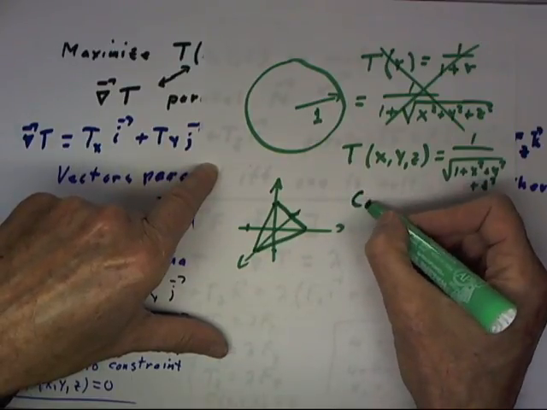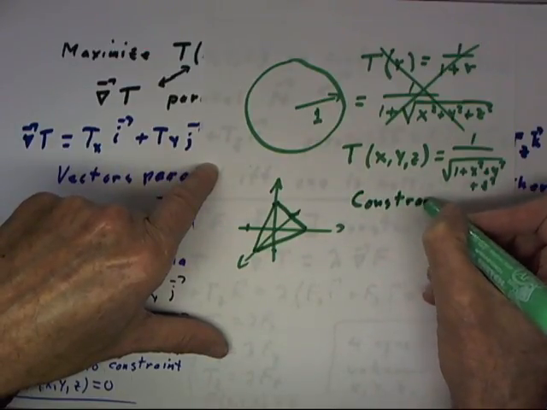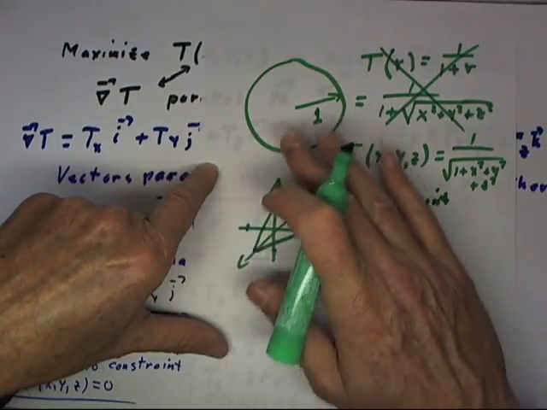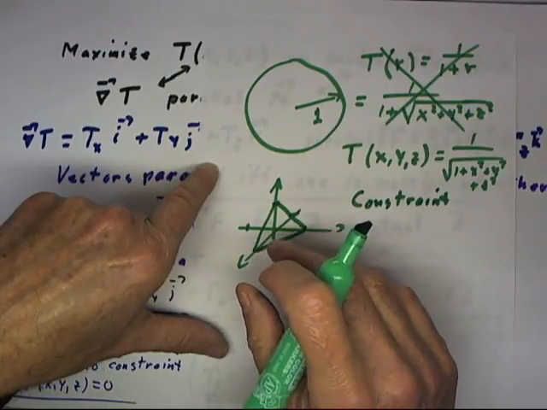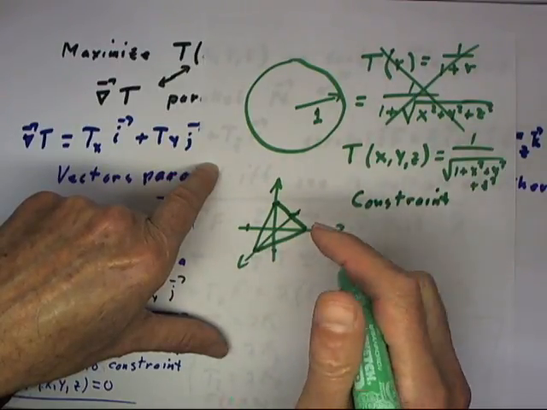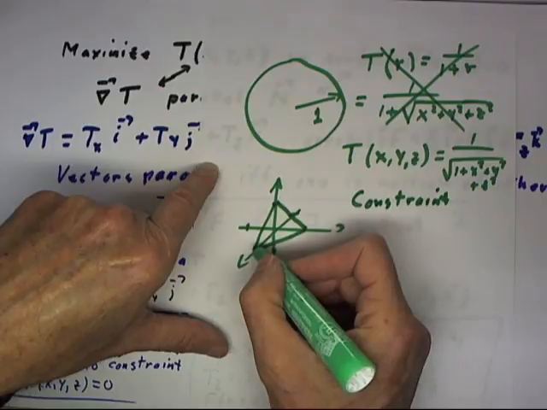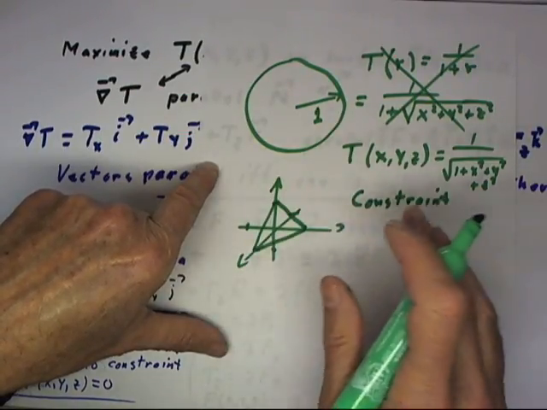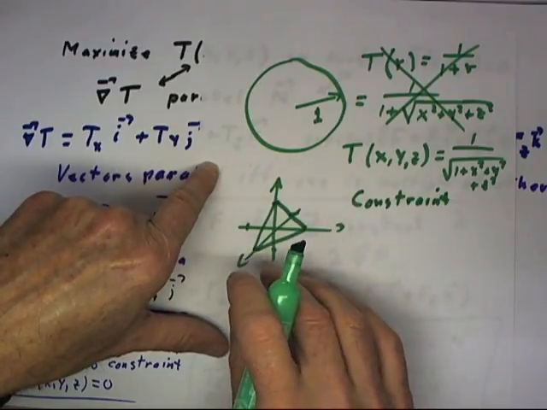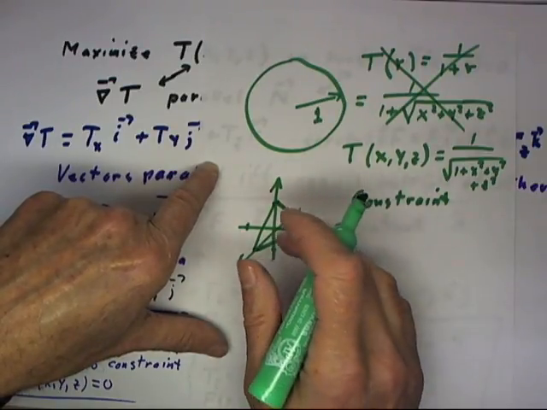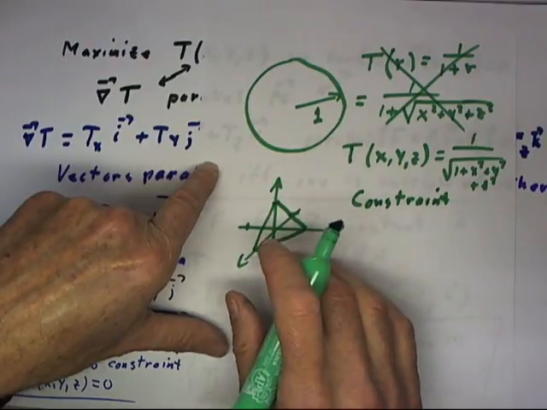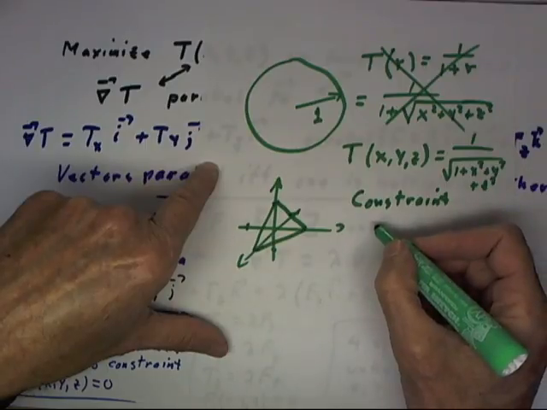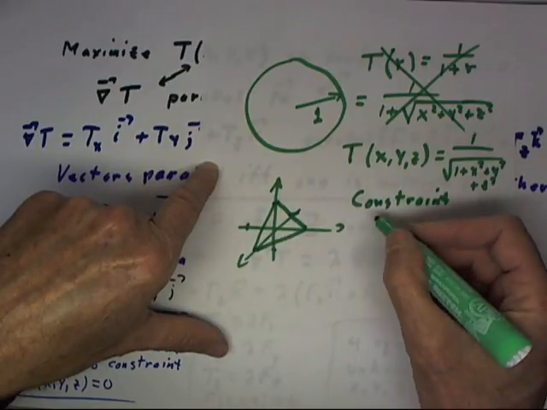So that my constraint is that the point x, y, z lie on this plane someplace. And in fact, just to make it a little more interesting, let's let x, y, z lie on this actual triangle. Take that back. We're going to just do the plane so we don't have to worry about boundaries. The maximum is going to occur in any case at a point that's on the triangle. Okay, so the constraint is going to be that we're on the plane.